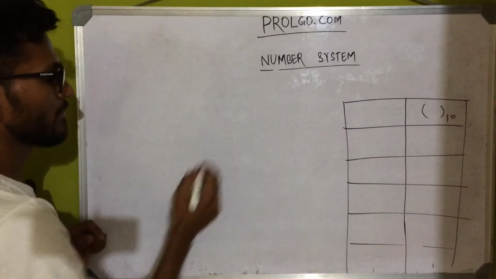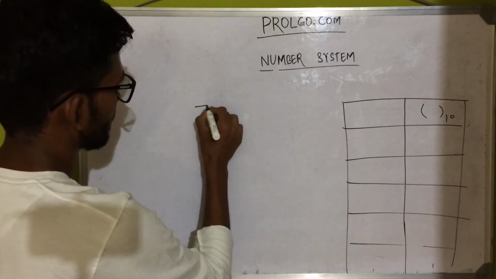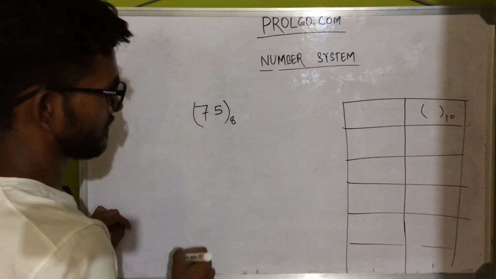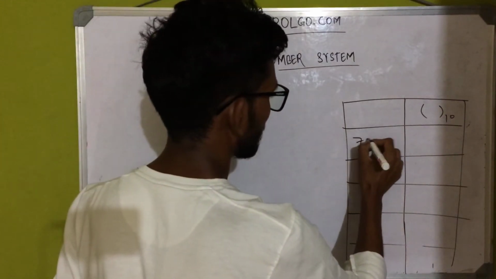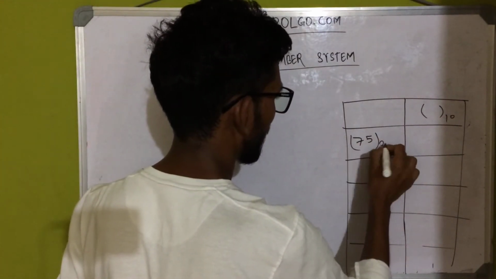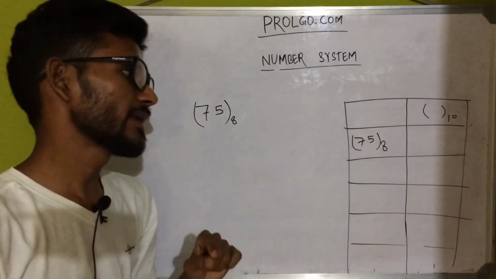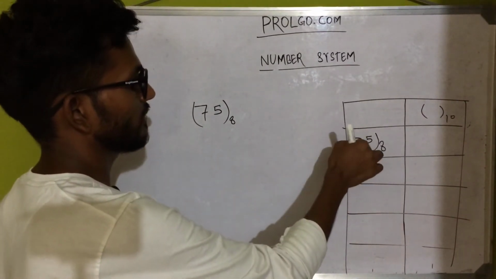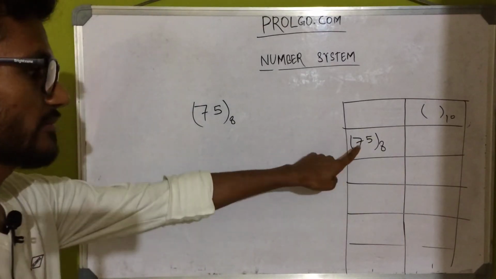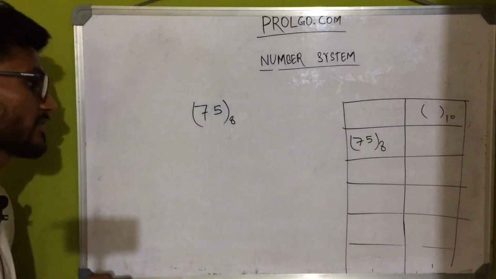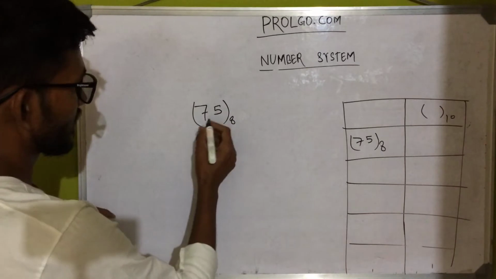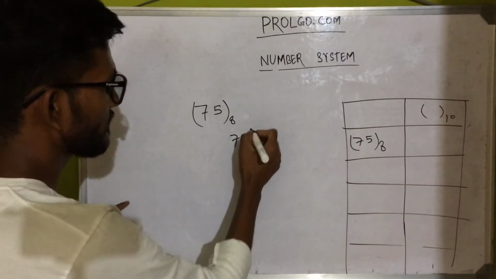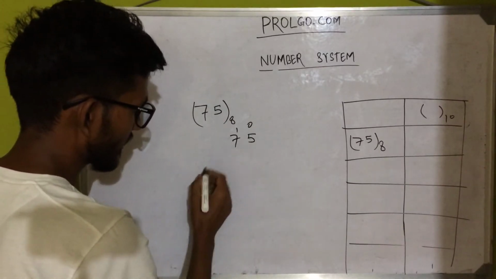Let's take another example, 75, which is given in octal. We have 75 in octal and we have to convert it into decimal, so it should be around 8 times 7, 56, and the result should be 61. Let's see how we can do this. We write positions 1 and 0.